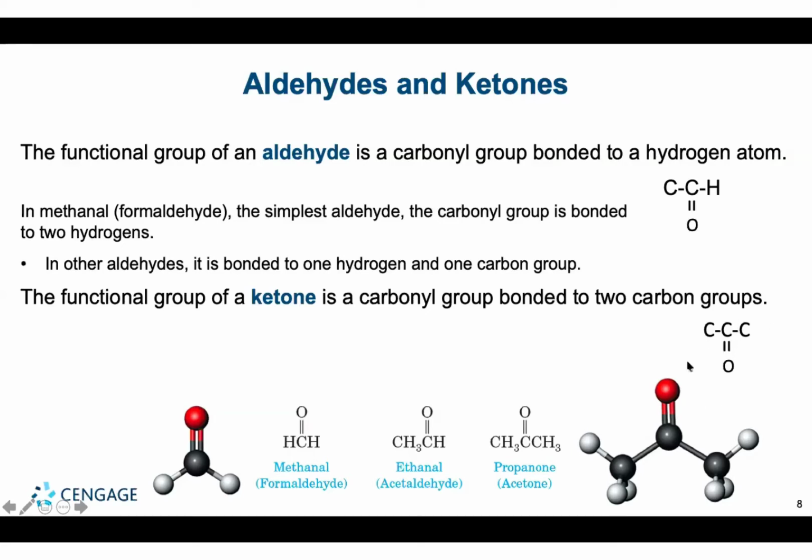This is what? Ketone. Let's see which of these are aldehydes and which are ketones. This is what? Aldehyde. Look at here, guys. C-O-H, right? This is methanal or formaldehyde, the simplest aldehyde.